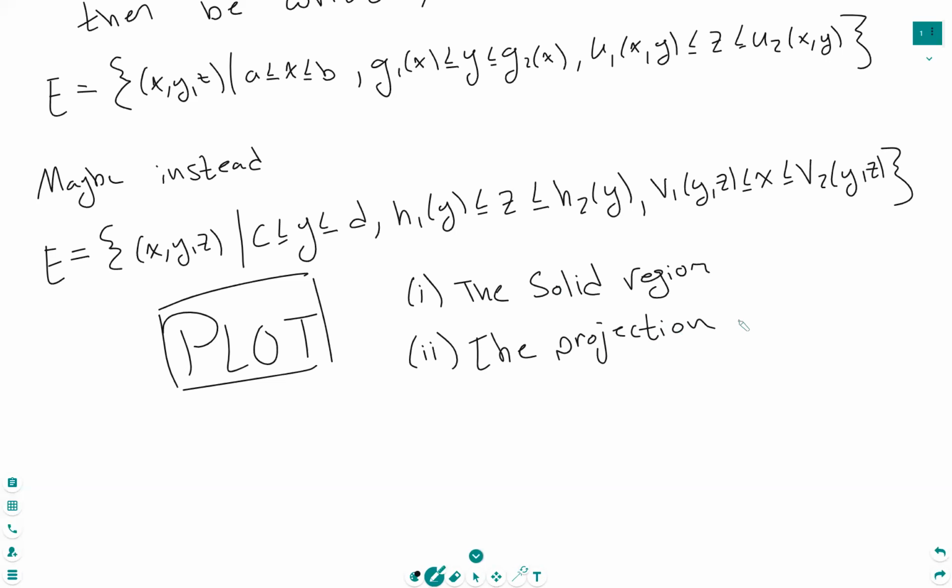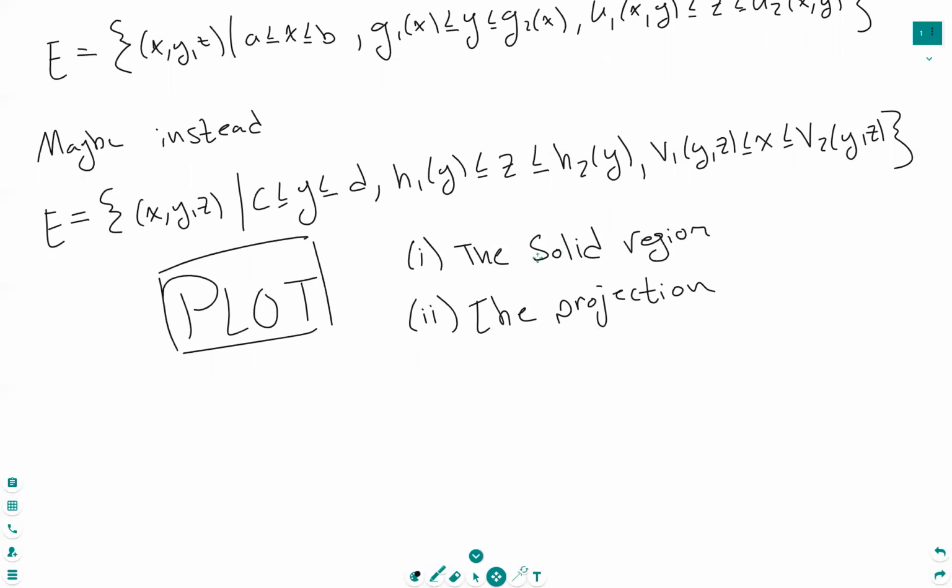Once you decide where you're projecting your object, so if you have some volume and you decide, okay, I'm going to project this to the YZ plane, what does it look like on the YZ plane? What does that shadow look like? Maybe you decided that you wanted to project to the XZ plane. What does that shadow look like? Maybe do all of them just to see if any of them stand out to you as a better region to perform a double integral over. It also gives you an idea of what the solid region looks like.